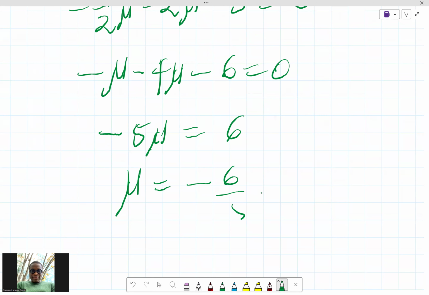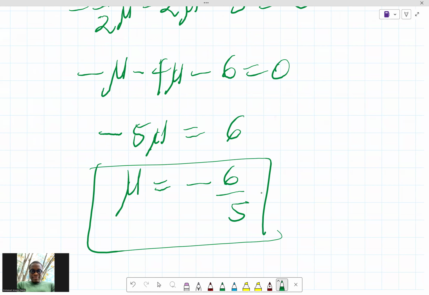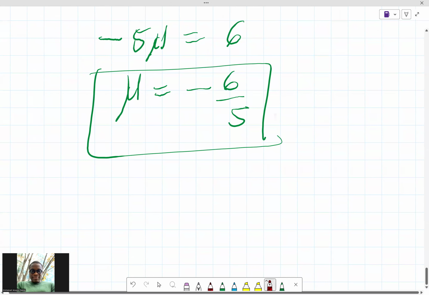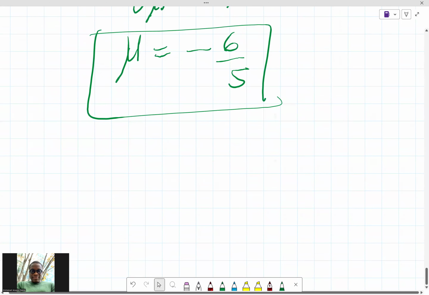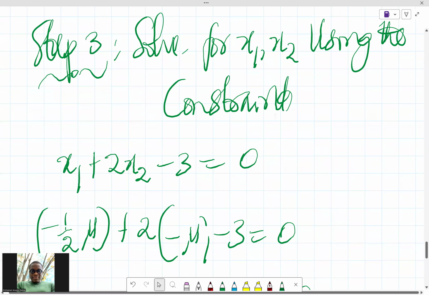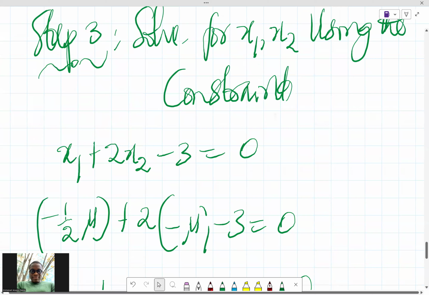So that mu alone is equal to minus 6 over 5. Now that we have mu, we can easily take it back and get our x1 and x2. This is step 3, we are solving for x1 and x2 using the constraint.